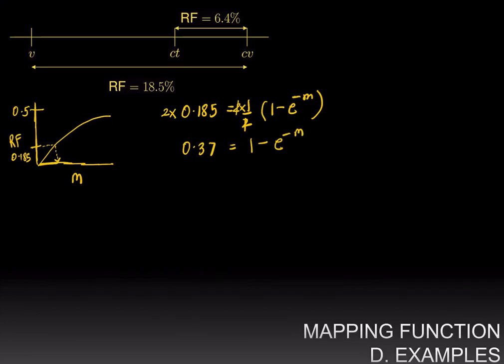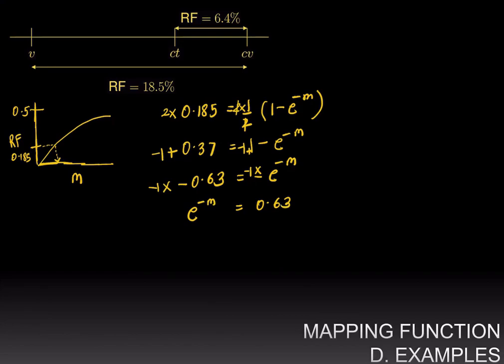And then we can subtract 1 from both sides, giving us negative 0.63 on the left side and negative e to the power minus m on the right hand side. And we can multiply both sides by negative 1, giving us e to the power minus m is equal to 0.63.